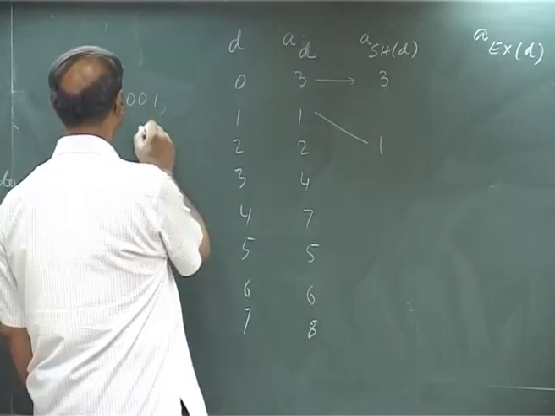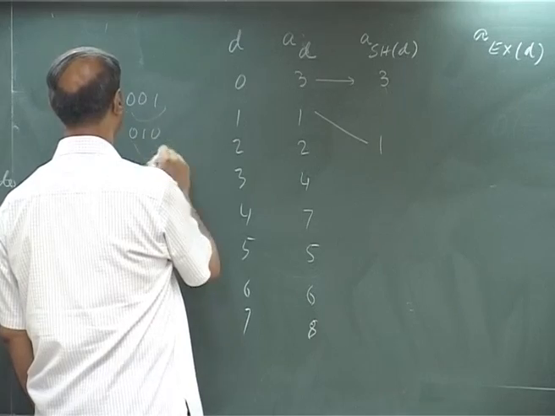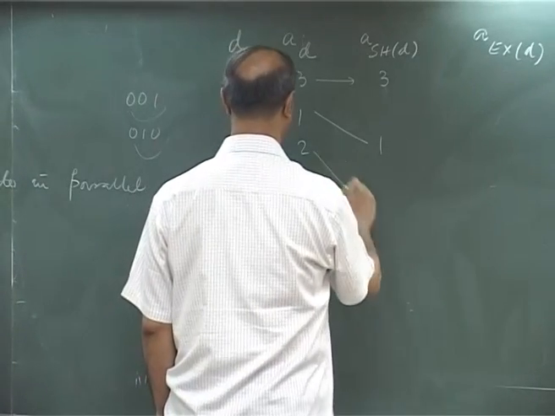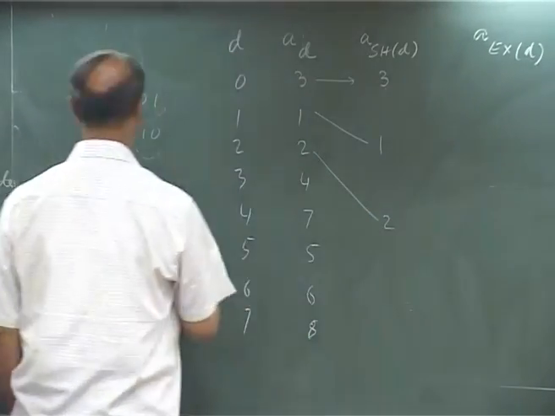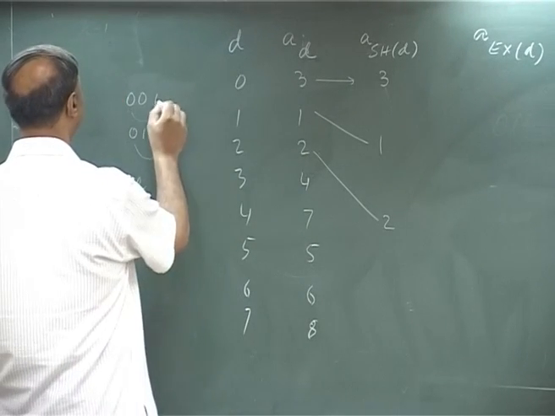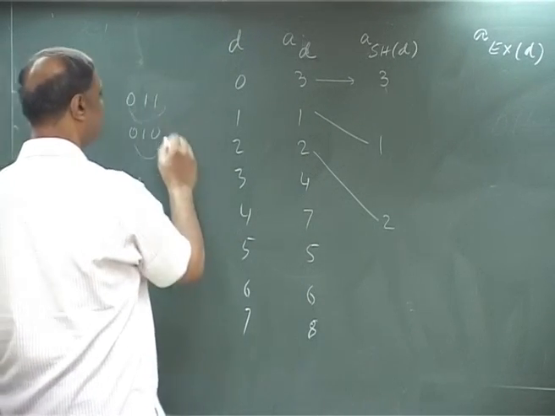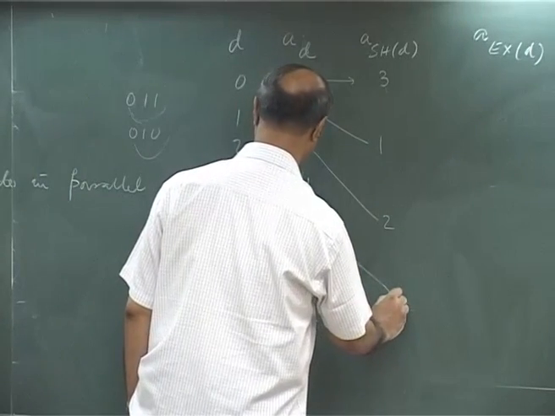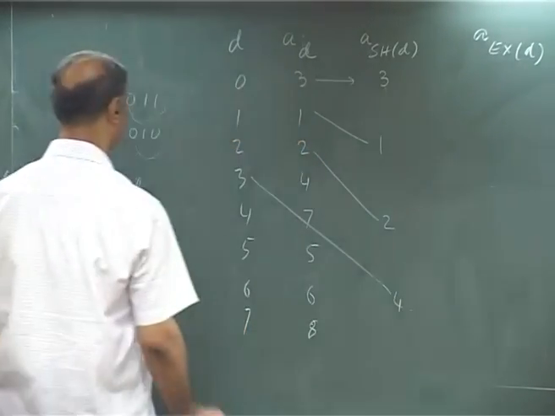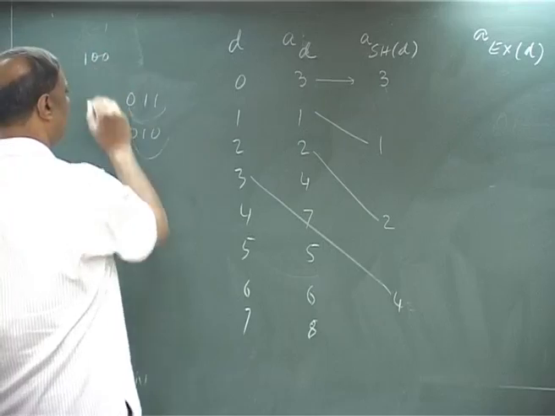Shuffle of 2 moves to 4. Shuffle of 3 moves to 6. Shuffle of 4 moves to 1.